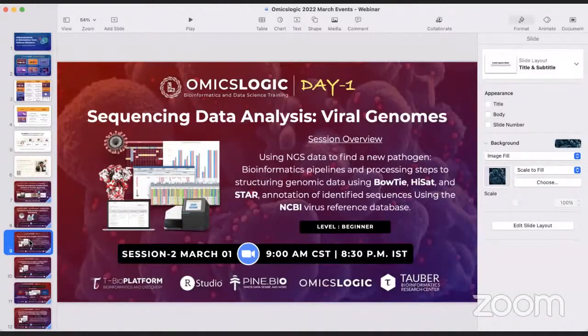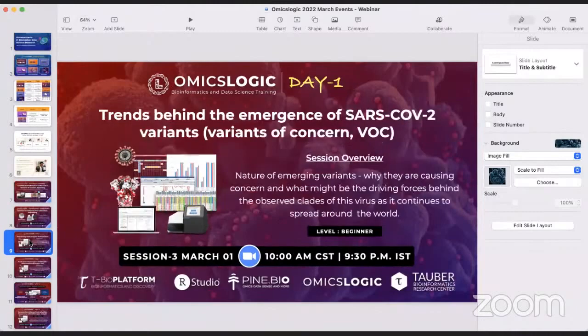And obviously, these sessions are designed based on the level of expertise required for anyone to learn about these. So the introductory sessions on day 1 will be beginner level sessions, followed by an asynchronous session on day 2.